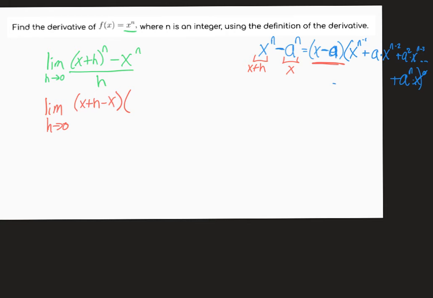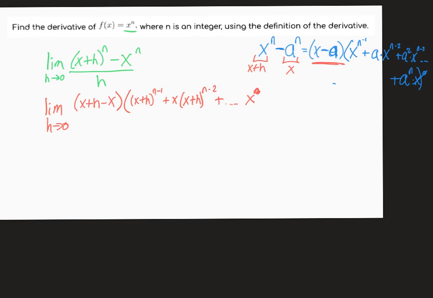And then on the inside, we're going to be left with x plus h to the n minus 1. And then we're going to have plus x times x plus h to the n minus 2 plus all the way down until we have x plus h to the 0 times x to the n minus 1. This is a problem because I use these letters.